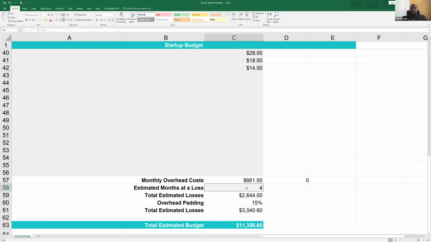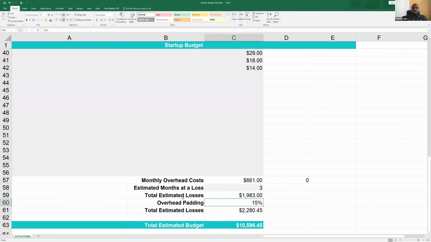So for this business, you can estimate within the first and the second month, we are going to have loss. So if it's 1 year, you can put 12 months if you're expecting the loss to be for 12 months. But generally, you have to be realistic. So let's assume it's going to be 3 months whereby you're going to have the loss.